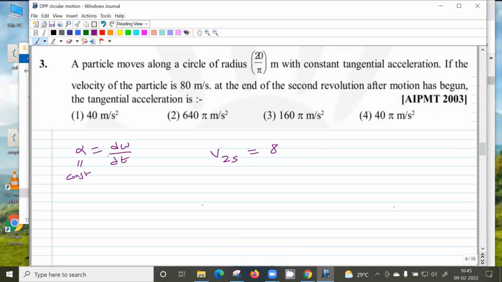No. Alpha is constant. Omega will keep on increasing. Otherwise, there won't be tangential acceleration. The tangential acceleration expression, no, sir.